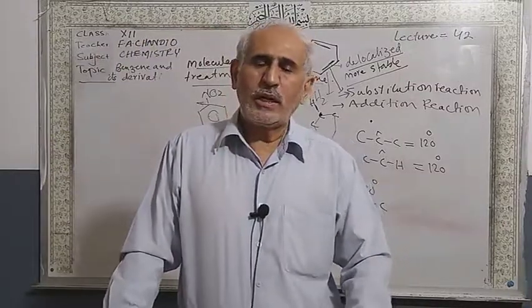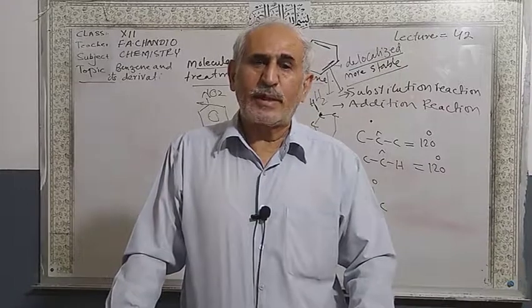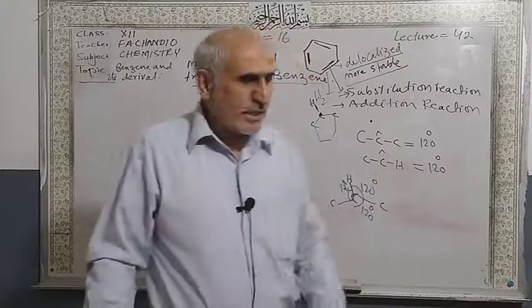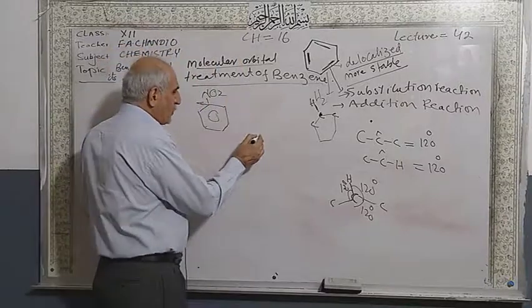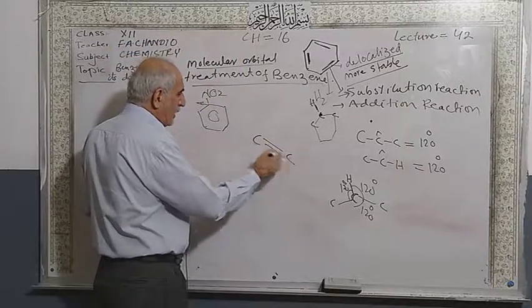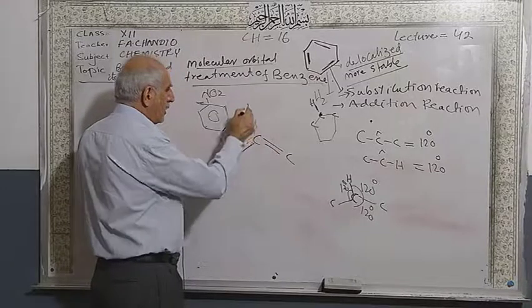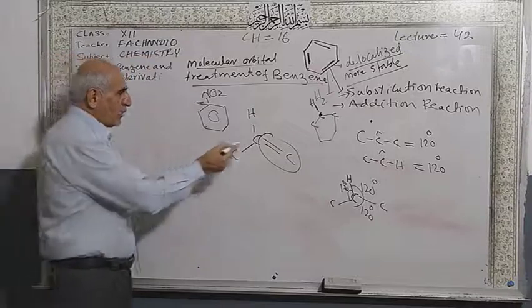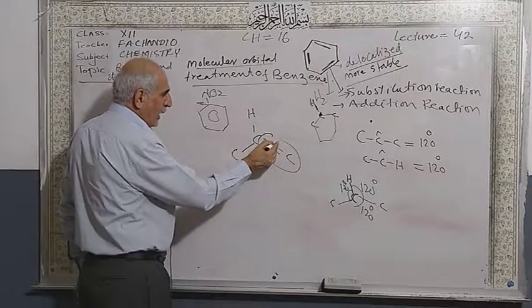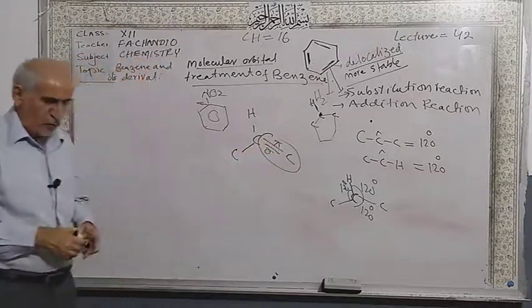Okay, now we were talking about hybridization. Students, if there is a double bond between carbon and carbon, one bond is a sigma bond and the other is a pi bond.